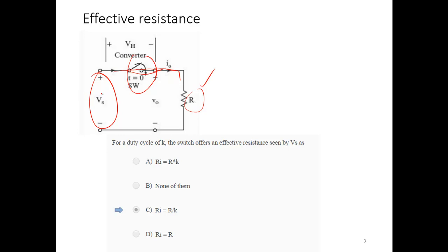But if the switch is completely open, the battery sees an open circuit, infinity. That means the resistance seen by the battery Vs is R by K.